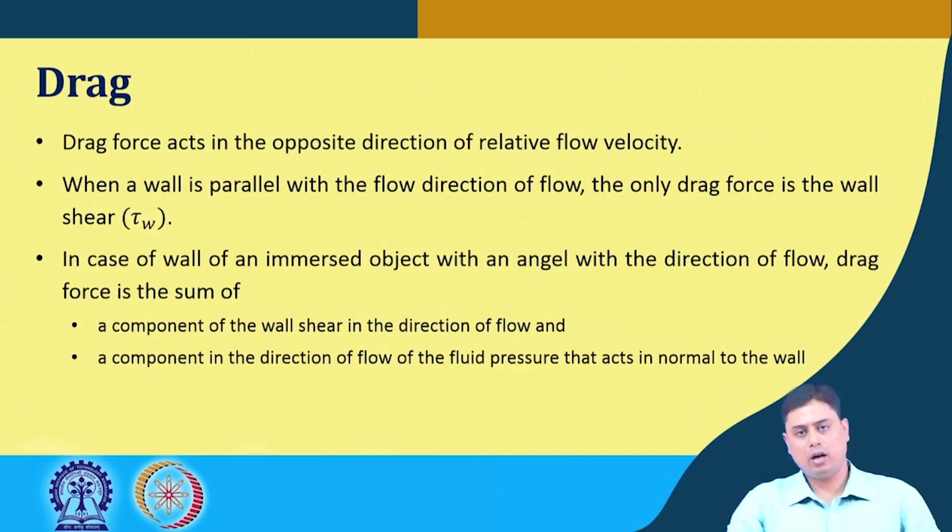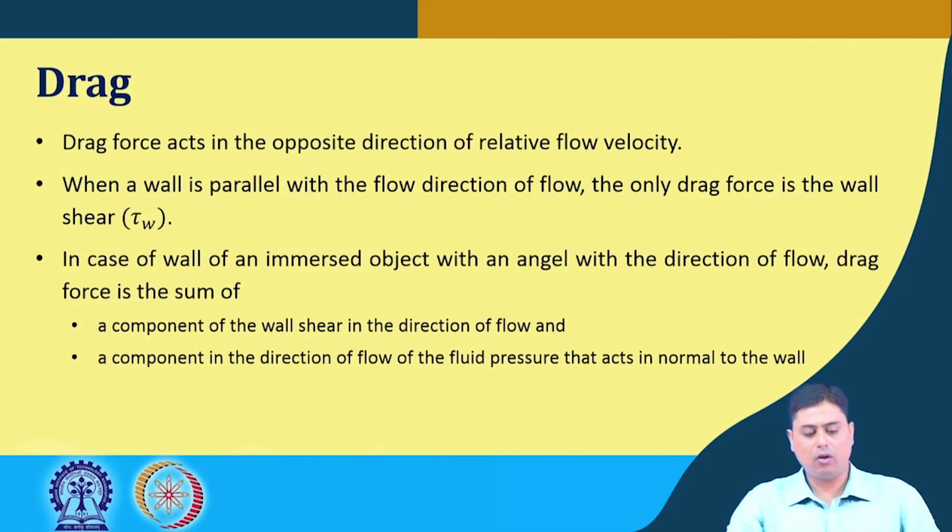If you remember your concept of the hydrodynamic boundary layer, or the thermal boundary layer, the typical example that has been provided is a flat plate with a free stream fluid flowing over it. So in that case the drag force is only the wall shear.